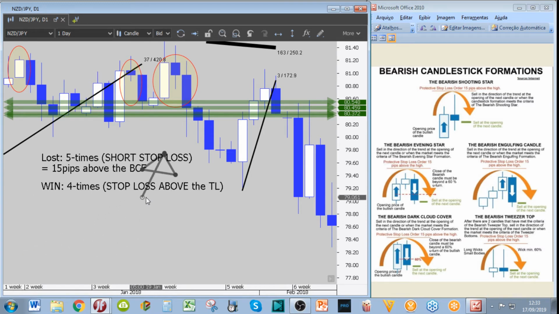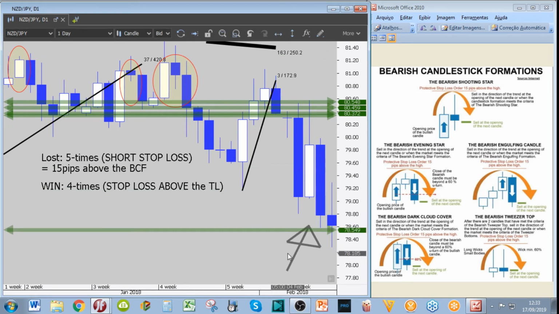Everybody, even though we lost 5 times, how is it possible that when the market falls until here, we are in profit? What do you think? How is this possible? We lost 5 times, but we entered 4 trades.